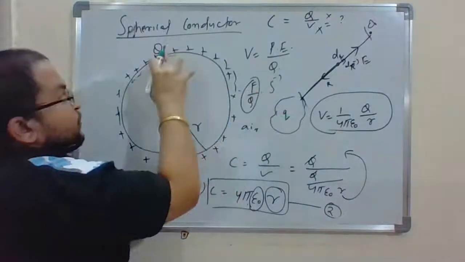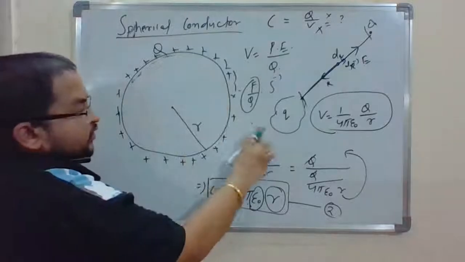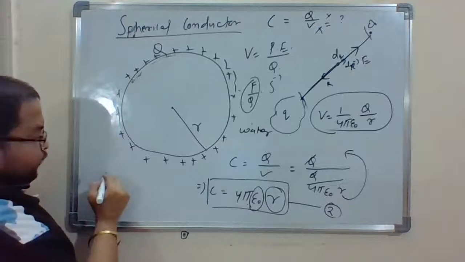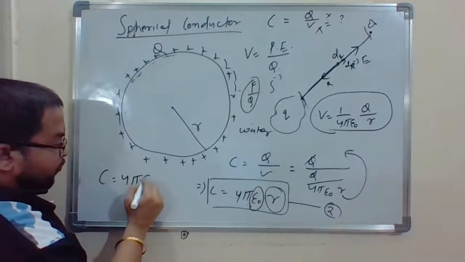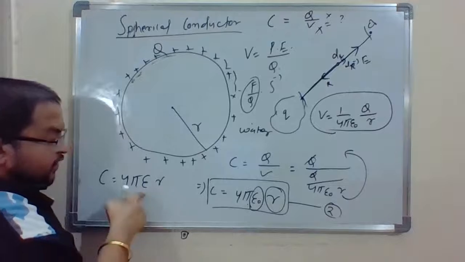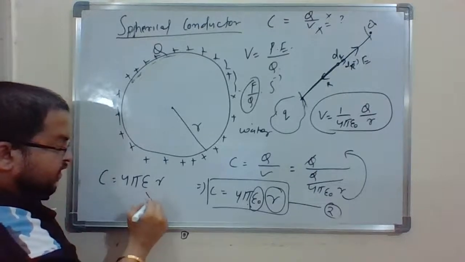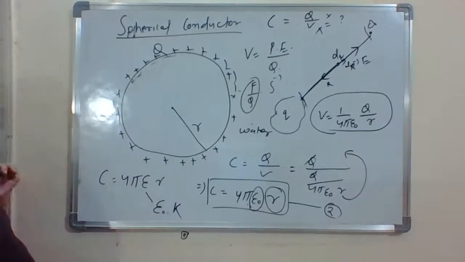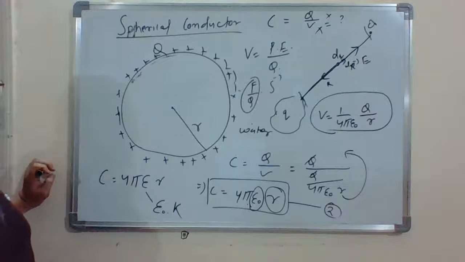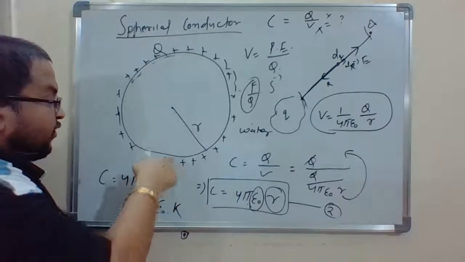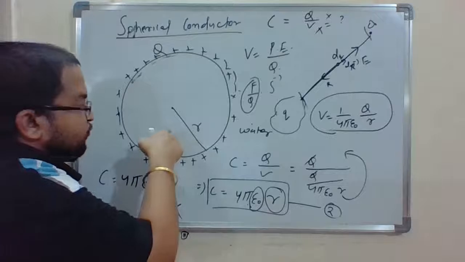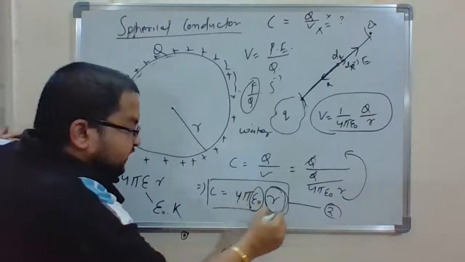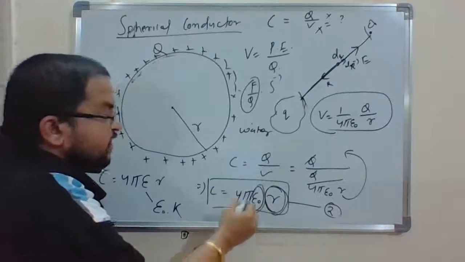Suppose I dip this entire capacitor in water. Then the equation will change to C equals 4 pi epsilon r, where epsilon is nothing but epsilon naught into the dielectric constant K. So remember, whenever we talk about a capacitor, the capacitance depends only on two things: A, on the dimension, and B, on the medium.